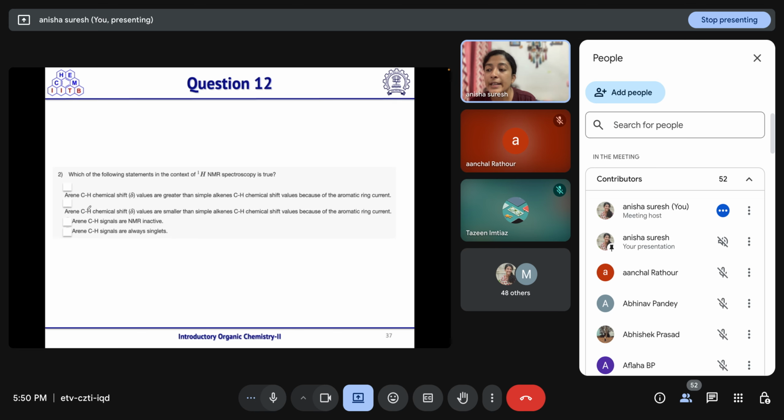Second option, arene CH chemical shift values are smaller than simple alkene CH chemical shift values because of the aromatic ring current. Arene CH signals are NMR inactive. Arene CH signals are always singlets. So, which of the following statements is true according to proton NMR spectroscopy?